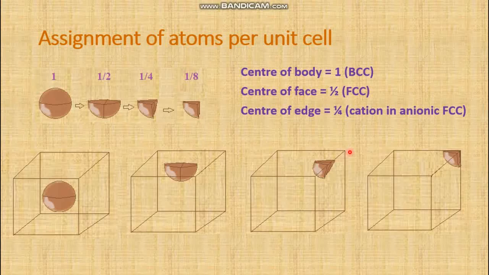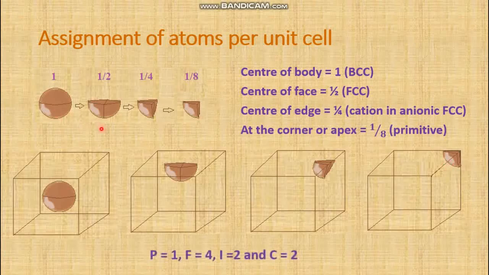And finally, if you place the sphere in the vertex, then only 1/8 part is assigned inside and 7/8 part is outside. This is generally found in the primitive case and in all other cases also where the sphere is at the vertex.